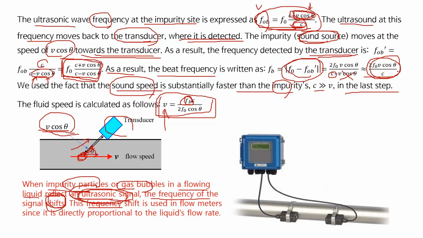This frequency shift is used in flow meters since it is directly proportional to liquid flow rate. So the frequency shift is the beat frequency. So if we determine the beat frequency, we can obtain the speed of the flowing fluid.